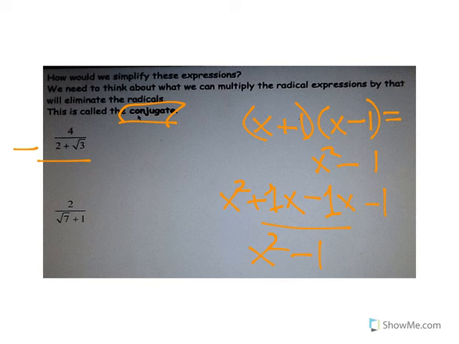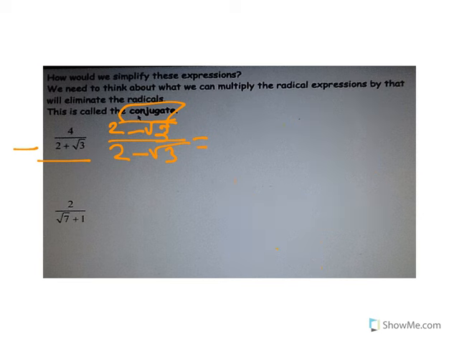Here I'm going to multiply by 2 minus radical 3. Remember, I have to do this on the top as well. When I do that, what I'm going to end up with on the top is, what's 4 times 2? That's 8 minus 4 times radical 3.